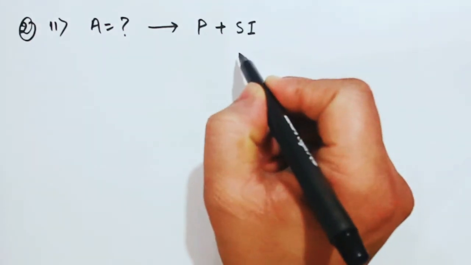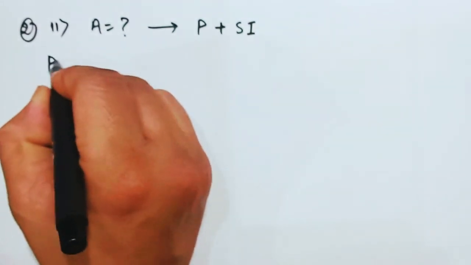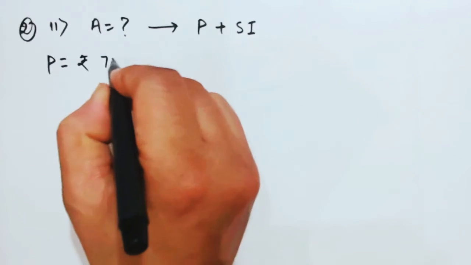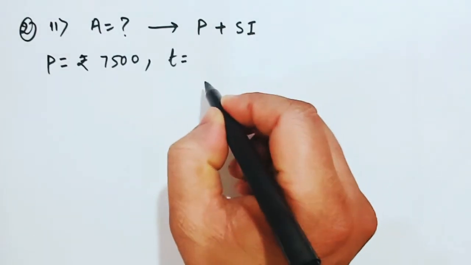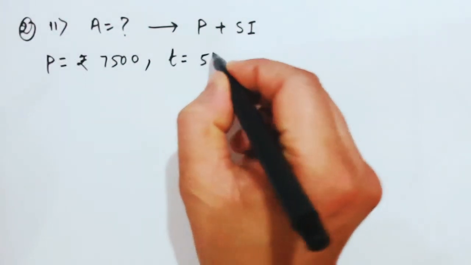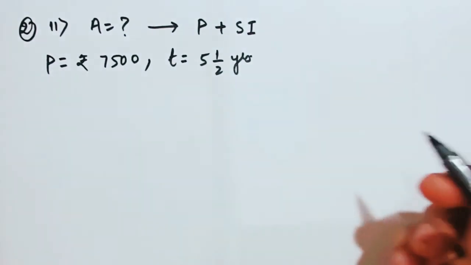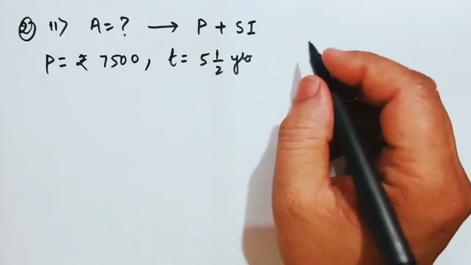Have they given you the principal? Exactly, they have given you the principal as rupees 7500. They have given you the time also. Time is equal to 5.5 years.